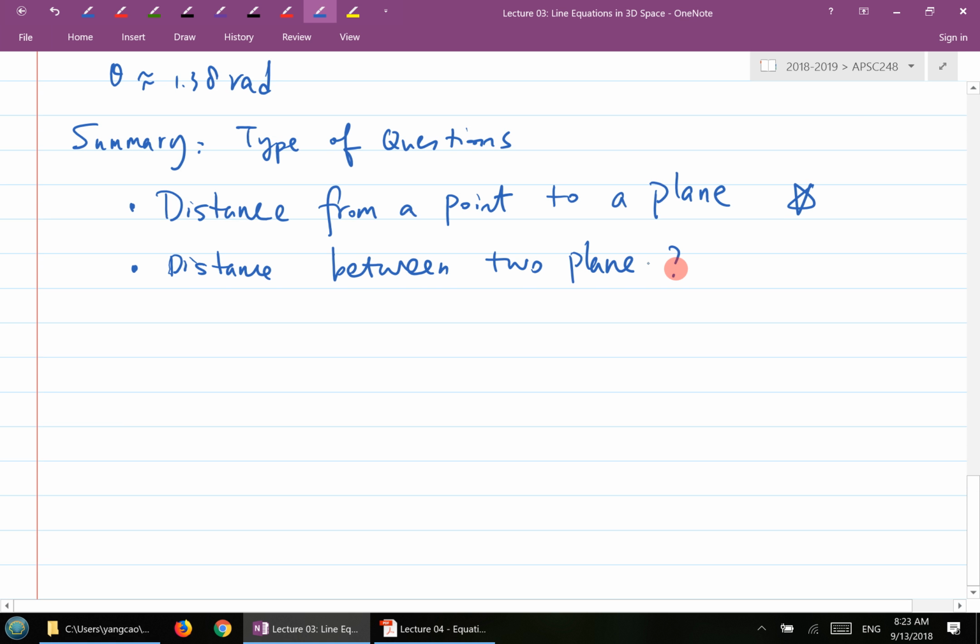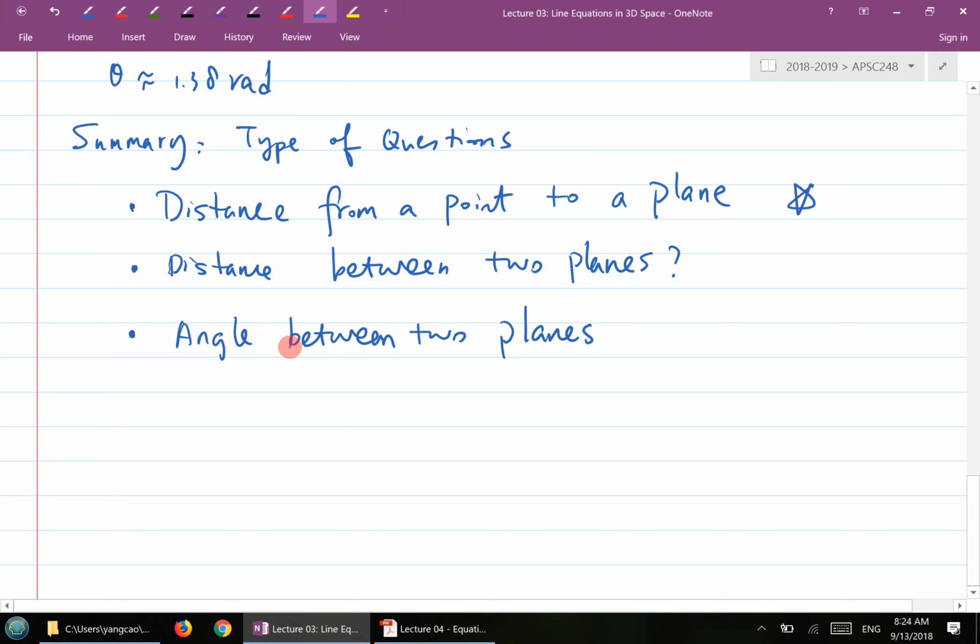But there will be some questions that you can exercise. What about the kind of question, what's the angle between two planes? So with this kind of question, you're given equations for the planes, and then you derive some other information.